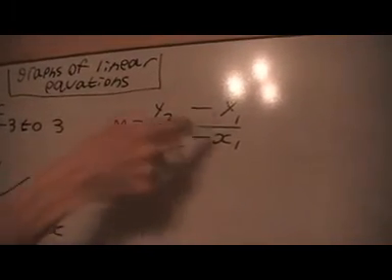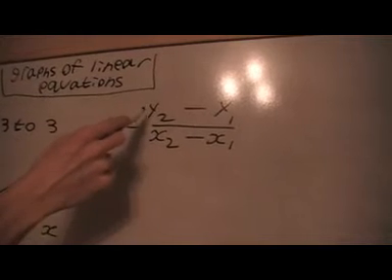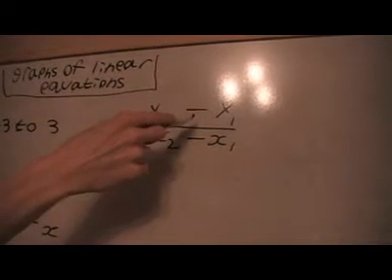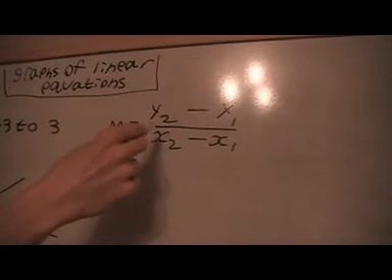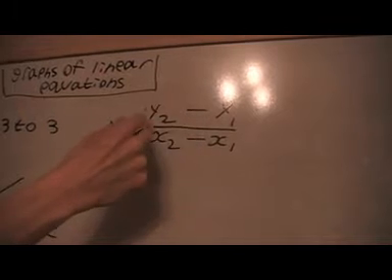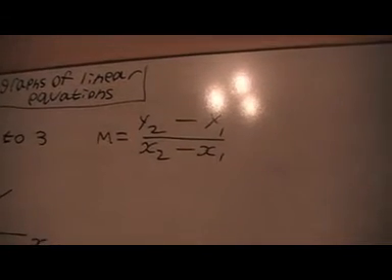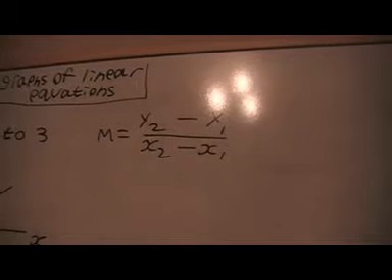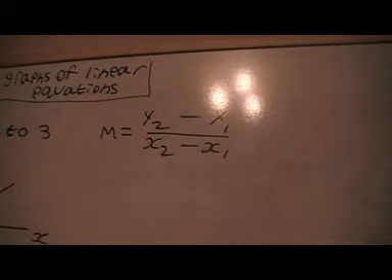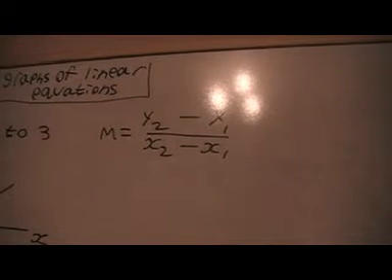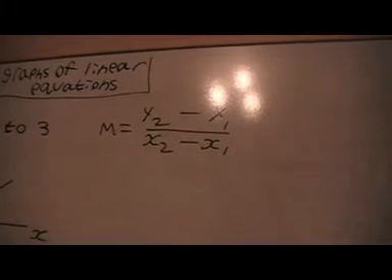Notice we have to have 2 points because we've got one y-coordinate and another y-coordinate here. And we'll subtract the 2 y-coordinates, and subtract the 2 x-coordinates. Now it doesn't matter which coordinate you call x2, y2, and which one you call x1, y1. You'd still get the same answer.